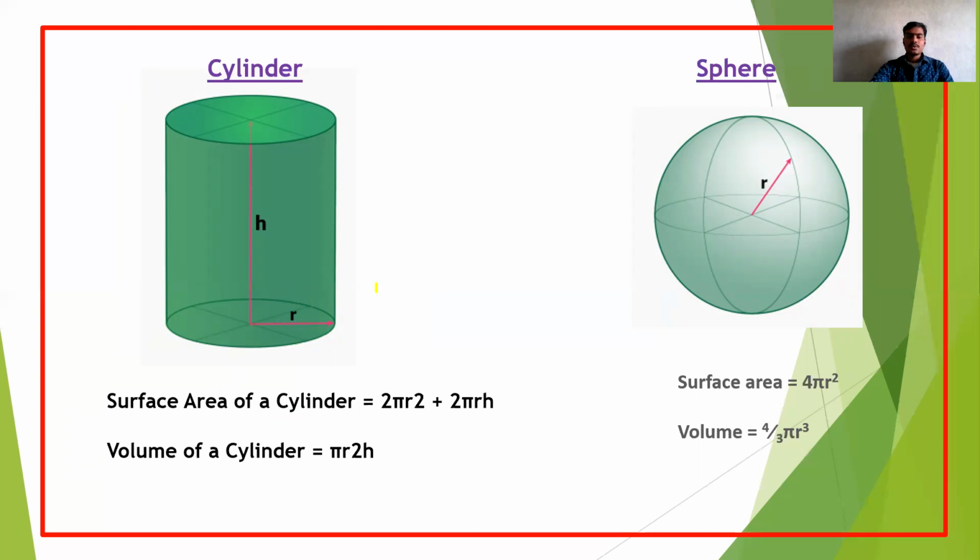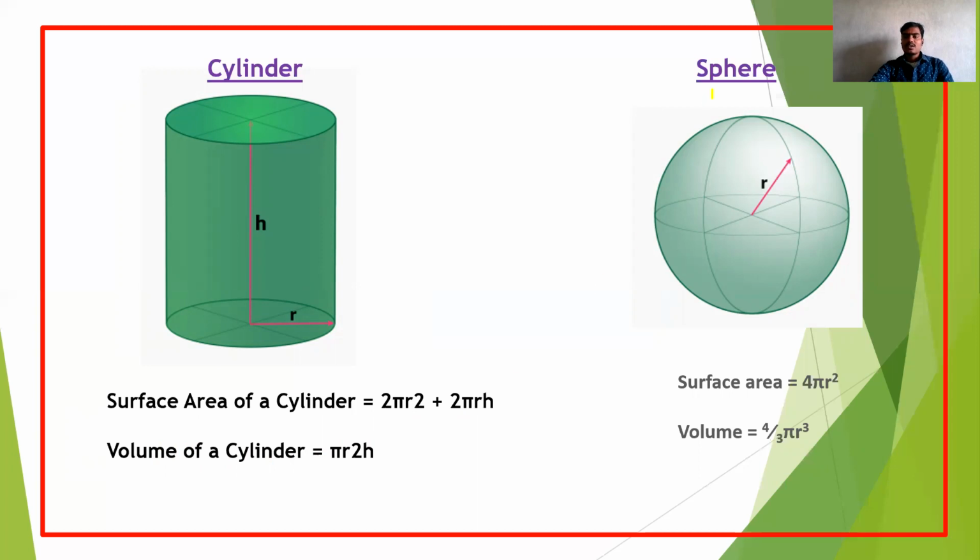That is the curved surface area of cylinder plus the area of the top base and the bottom base. Top and bottom bases are circles, so pi r square plus pi r square, that is 2 pi r square, plus the curved surface area of cylinder, which is 2 pi r h. Now, volume of cylinder is pi r square h.